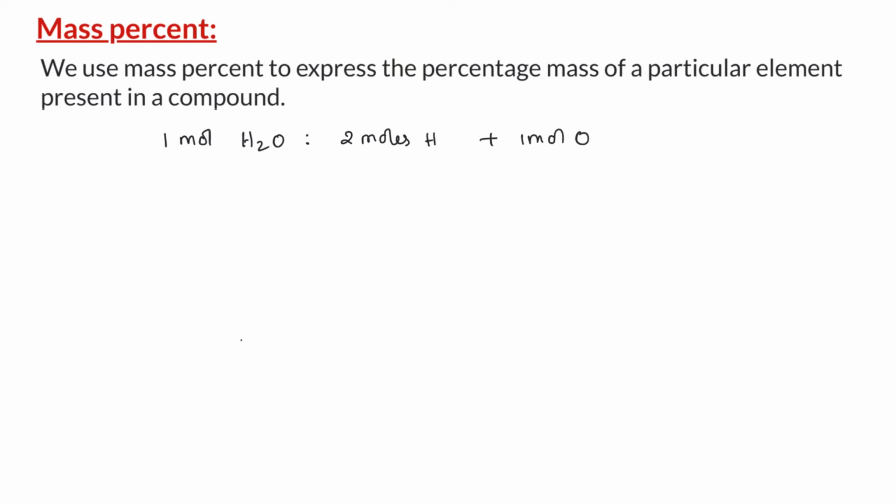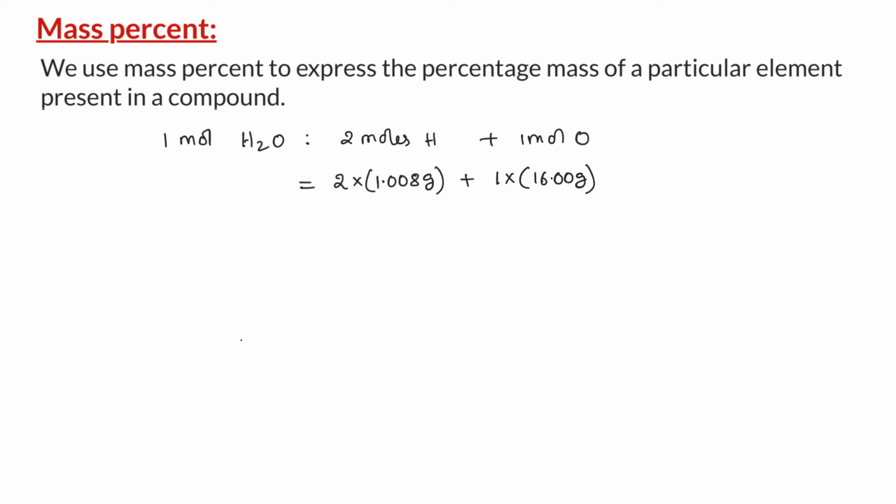Mass of hydrogen is equal to 2 times the molar mass of hydrogen atoms, that is 1.008 grams, and mass of oxygen is equal to 1 times the molar mass of oxygen atoms, that is 16.00 grams.